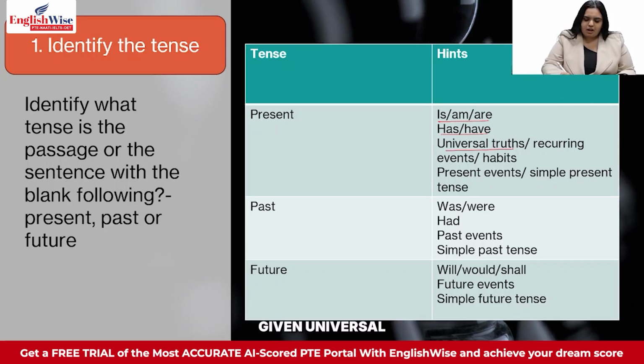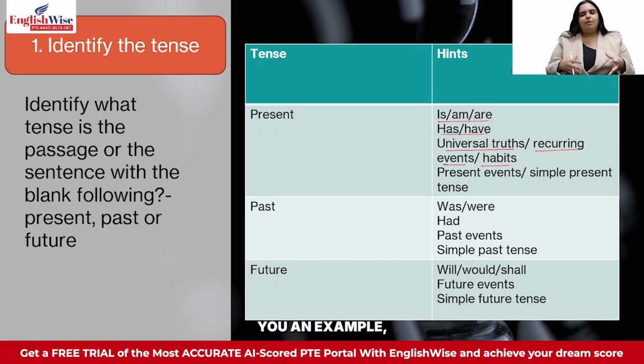If you have been given universal truths, like let's say the sun rises in the east, or the earth rotates on its axis, these are present tense because universal truths are always in present tense. They are never in past or future tense. If you're talking about recurring events or habits, they are also present tenses.